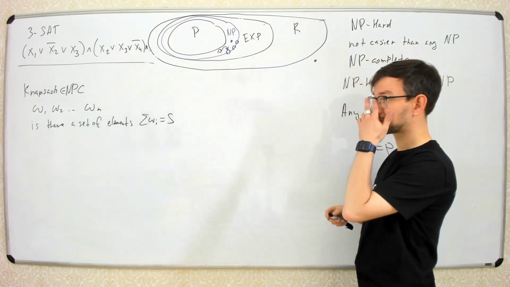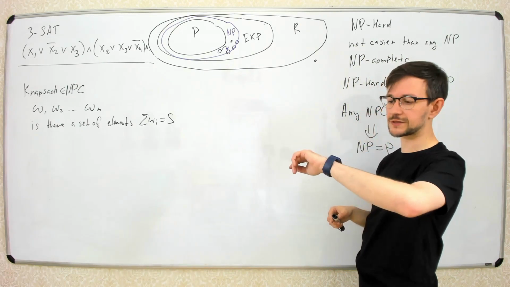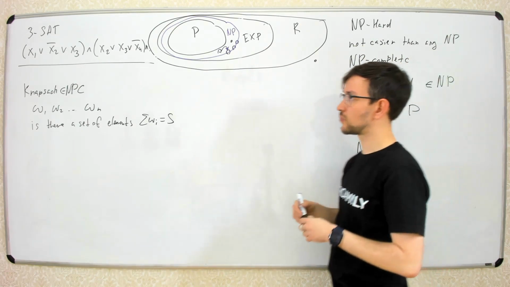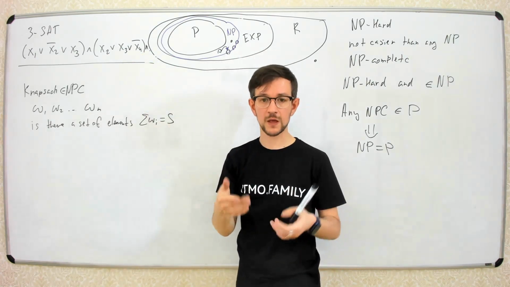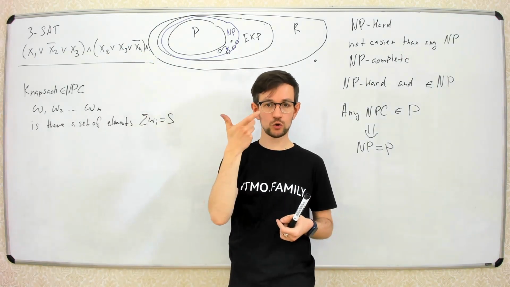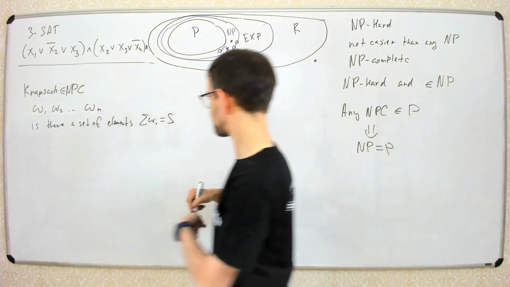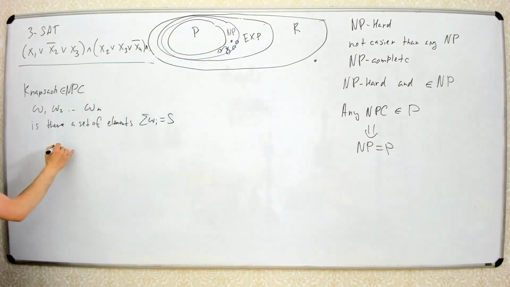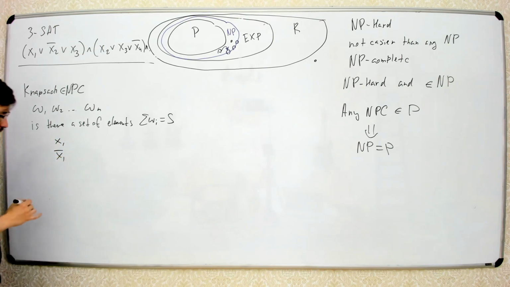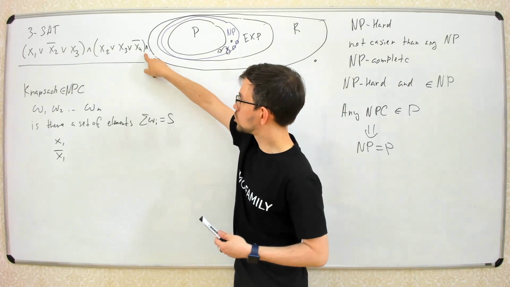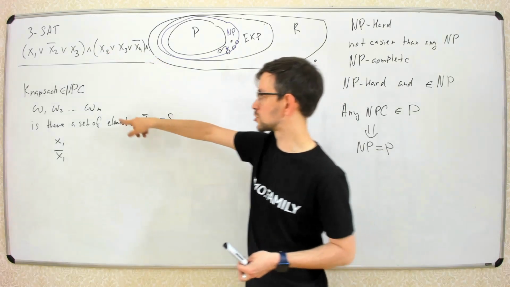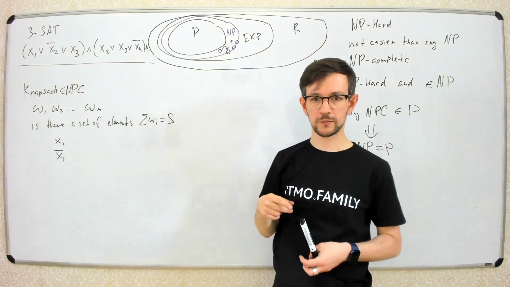Well, how to do it? The easiest way to do it is like this. Let's take this formula. Let's take all the clauses. Let's take all the variables. For each variable, we create two elements. So let's create elements for x1 and not x1. Each variable of this formula will produce two elements for the knapsack problem.